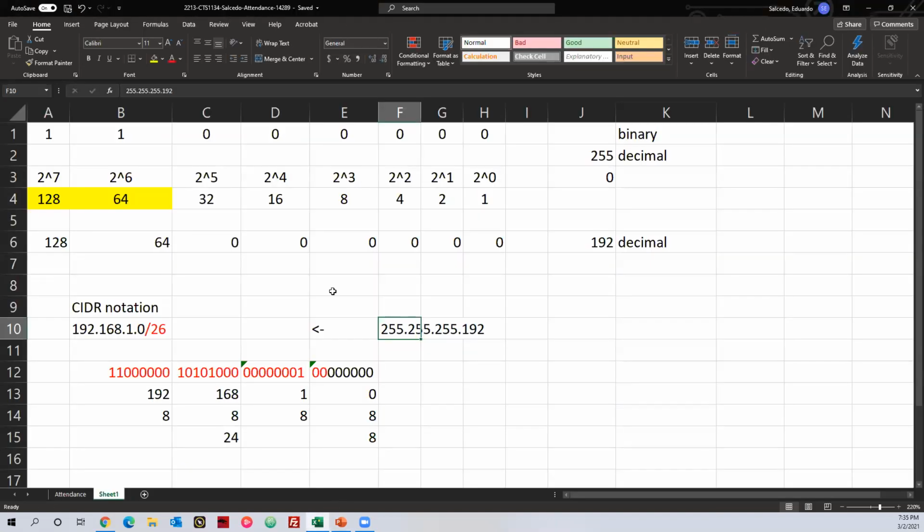But yes, 192. Why? Because we took the bit that corresponds to the 128, and we also took the bit that corresponds to 64. And when you add these together, it gives you that. A subnet mask, remember, on a regular 24 is full ones on each one of the octets.